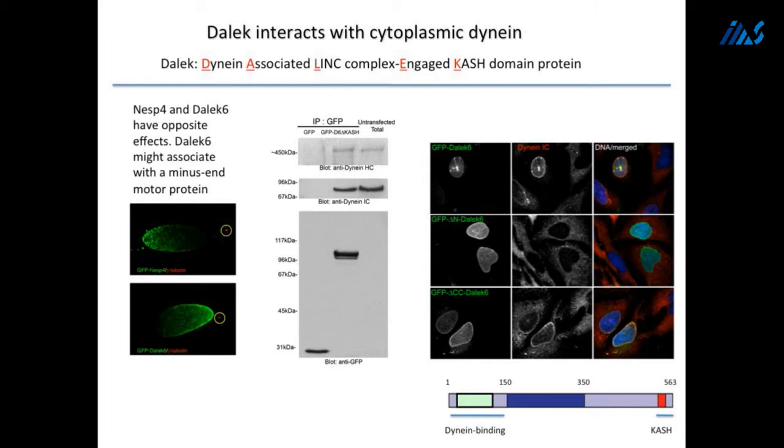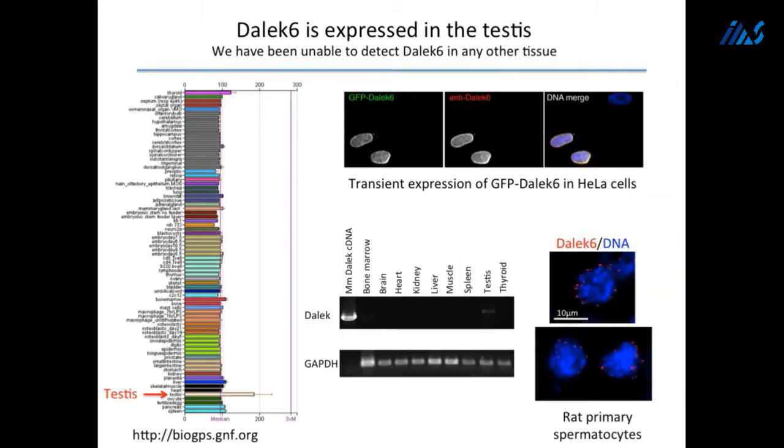We can show that Dalek will pull down both dynein heavy chain and dynein intermediate chains, plus we can use it to recruit cytoplasmic dynein to the nuclear envelope. We were able to show that dynein binding involves this EF hand-like sequence, and that this coiled-coil region is involved in self-association. So where is it expressed?